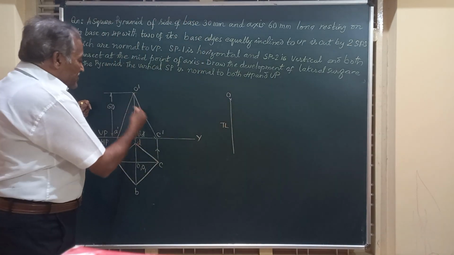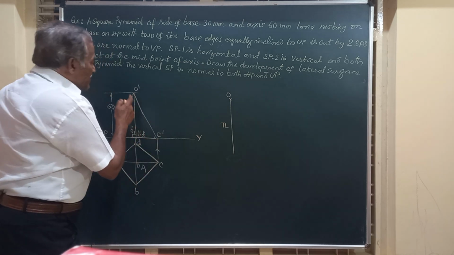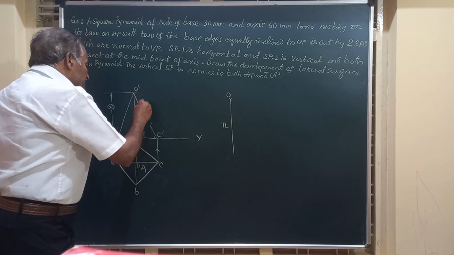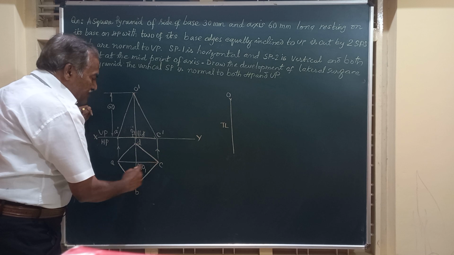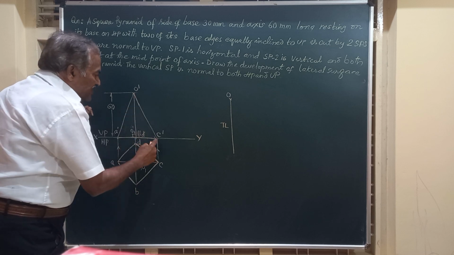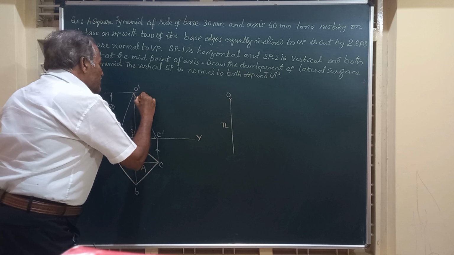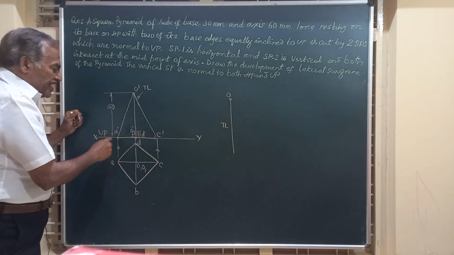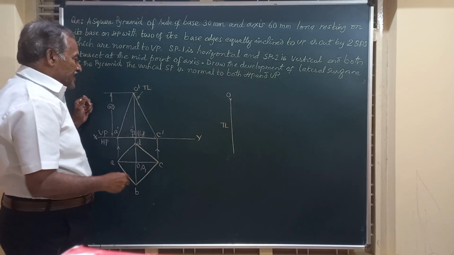So friends, if you observe the front view, you have in the front view the line O dash C dash, and the corresponding top view for this is OC. Since OC is parallel to VP, that is, the top view of this line is parallel to VP, this O dash C dash will represent the true length. Likewise, O dash A dash also gives the true length. So both of these are true length lines.